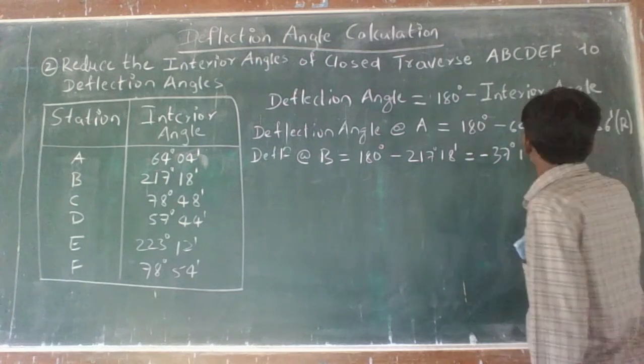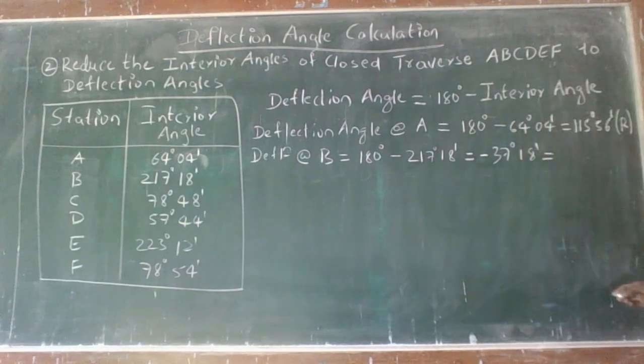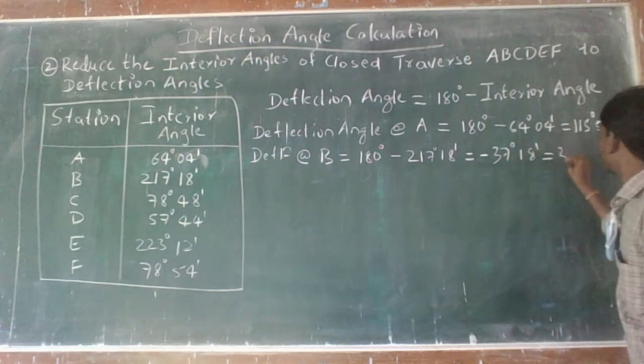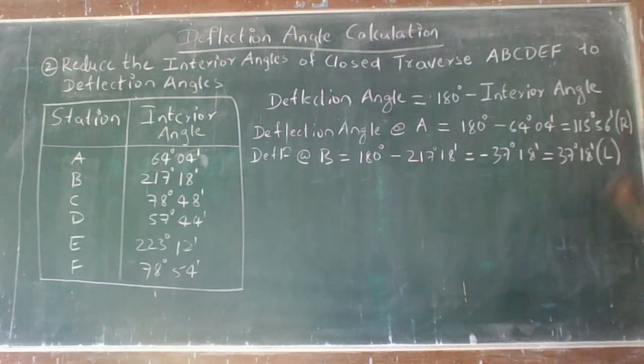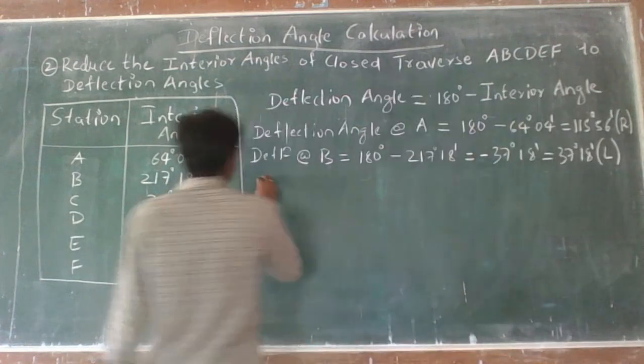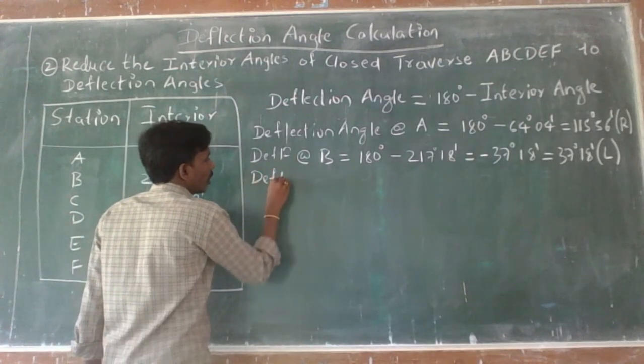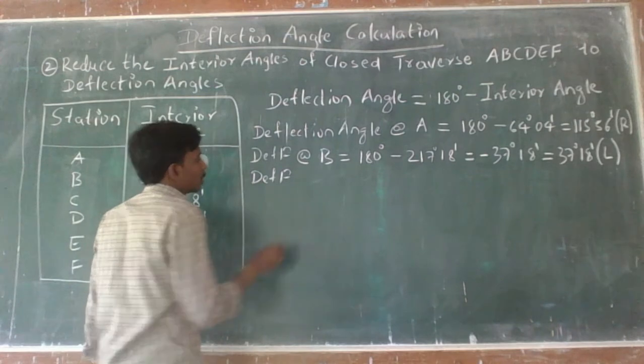So we have to write the angle as 37 degrees 18 minutes left. We have to denote the letter L in the brackets. Now in the same way let's calculate the next deflection angle.